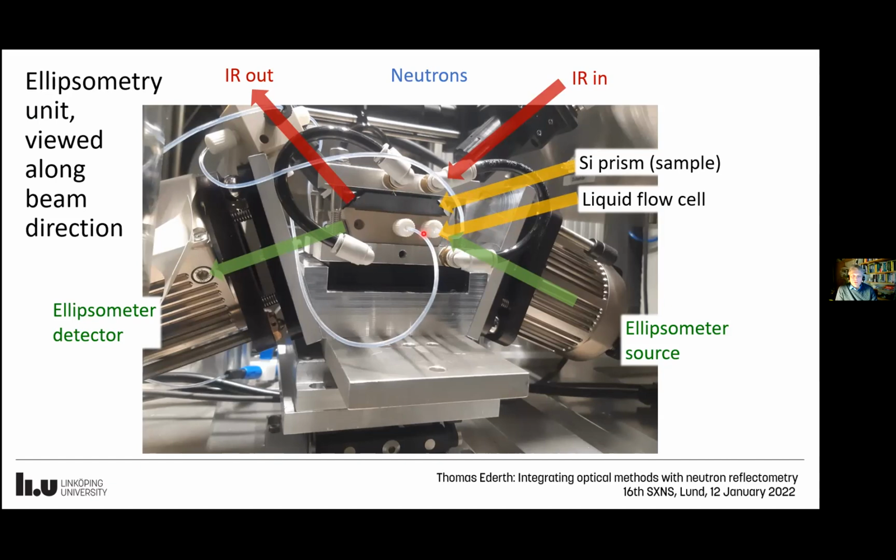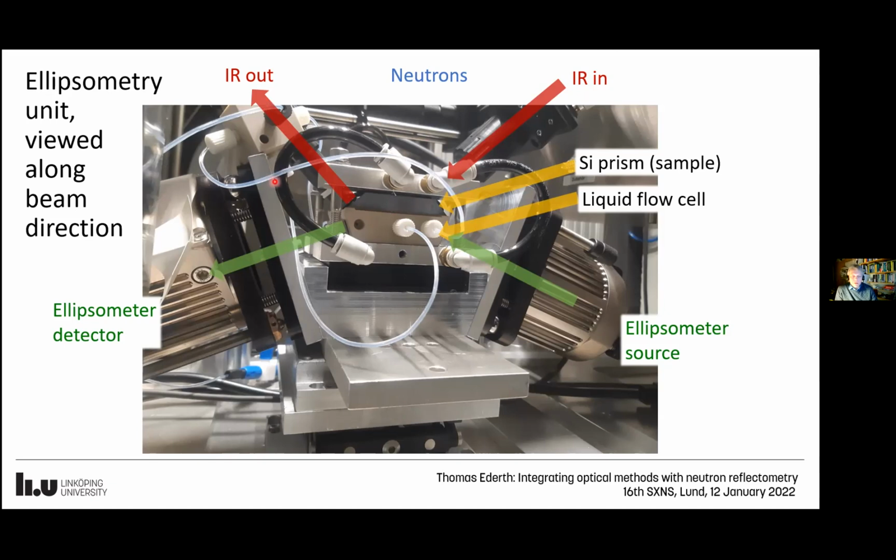Beneath is a liquid flow cell, with optical ports for the ellipsometric system, in and out at about 60 degrees angle of incidence. From above, we have infrared light probing in a 3-reflection setup on this trapezoidal prism, exiting on the top side also.